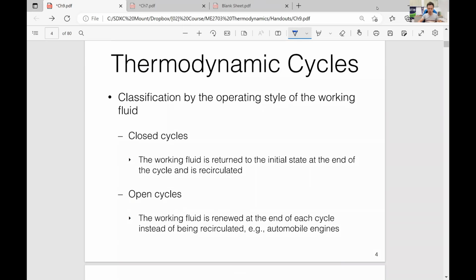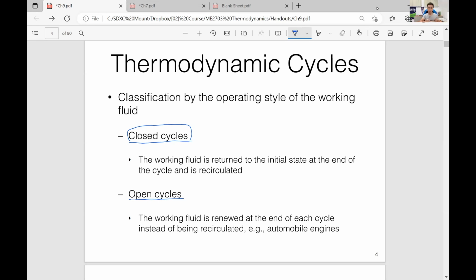We can also classify the thermodynamic cycle by the operating style of the working fluid: closed cycles and open cycles. For closed cycles, the working fluid is returned to the initial state at the end of the cycle and it's recirculated, so the working fluid is not renewed every thermodynamic cycle.